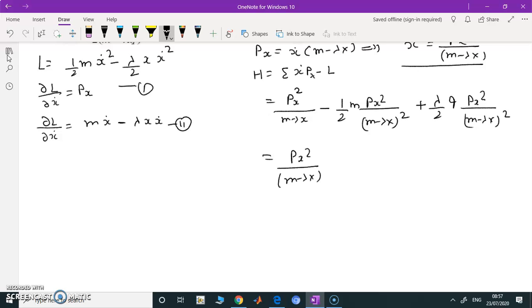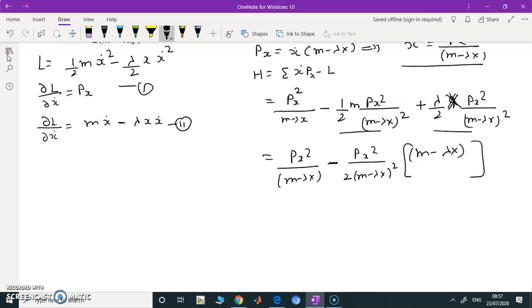And in the second and third terms, we are getting common Px square upon 2 m minus lambda x square. What you will get inside is m minus lambda x.